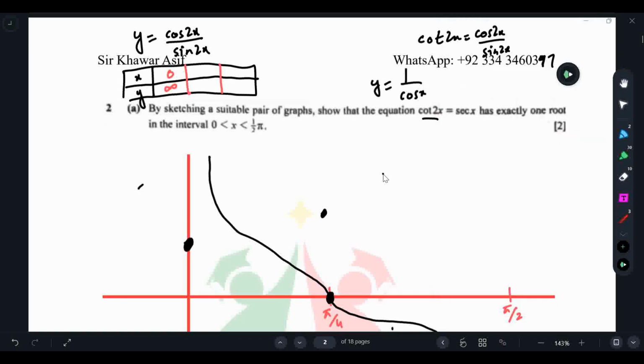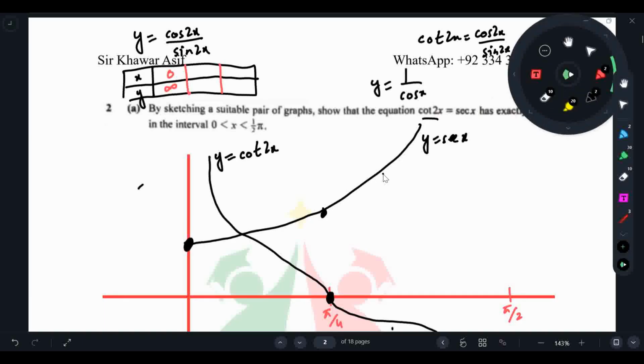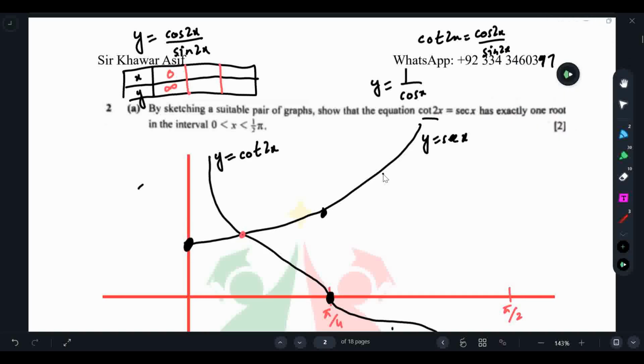So maths error means, as we can see the trend over here, that it will be going upward. As these two graphs intersect at 1 point, we can say that this will have exactly one root because they intersect at 1 point. This will be the final answer.